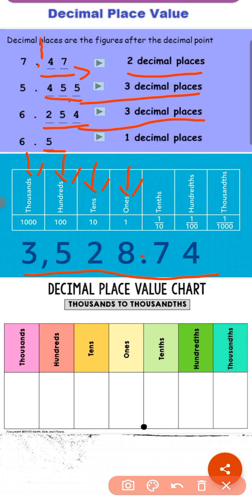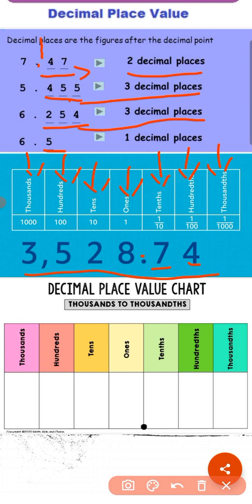And on the right side of the decimal, the places are tenths, hundredths, thousandths, etc. Here in this example, the digit in the tenths place is 7 and the digit in the hundredths place is 4.